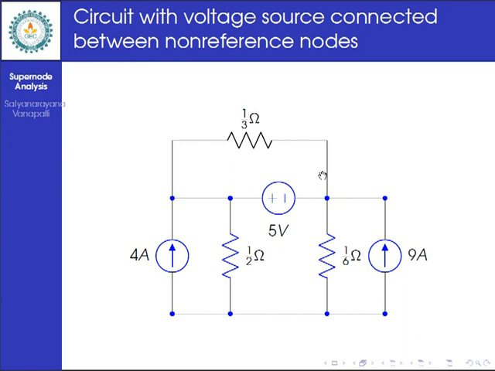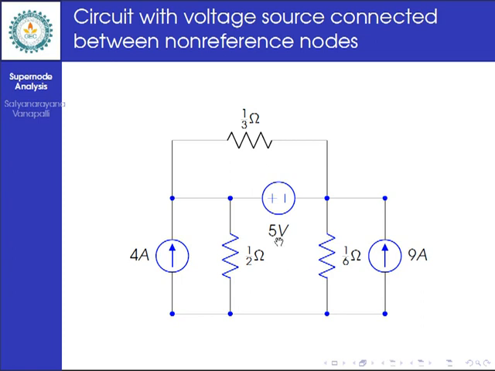The first way is by assigning some unknown current to the voltage source, writing the Kirchhoff's current law equations at node 1 and node 2, and solving the equations to find out the current delivered by or absorbed by this voltage source. This would be a tedious process.